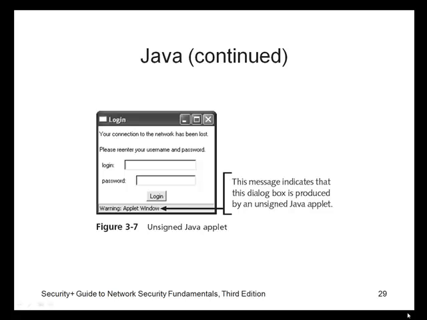Like you've lost your connection. This is, in my opinion, not a real good warning applet window. This message indicates that this dialog box is produced by an unsigned Java applet, not you've lost your connectivity and you need to log back on. You put in your username and password and you've just given it away.